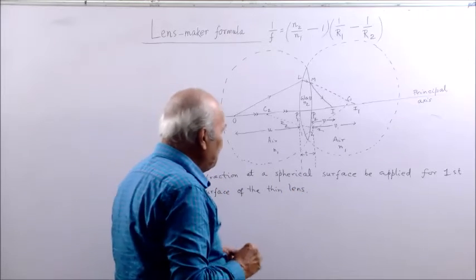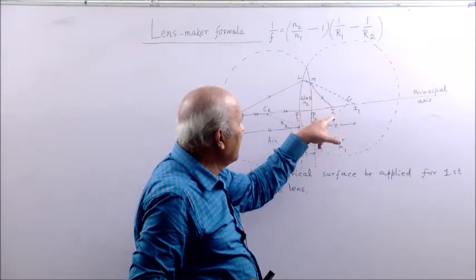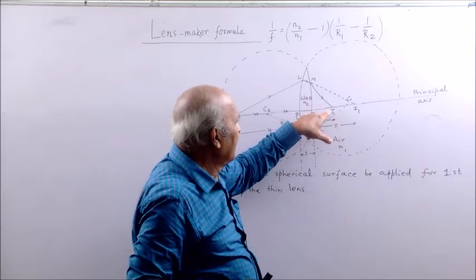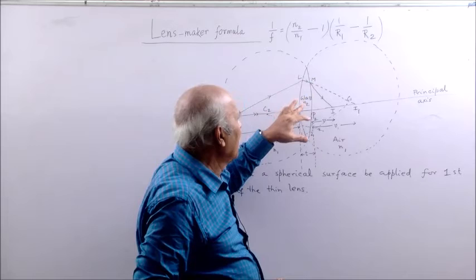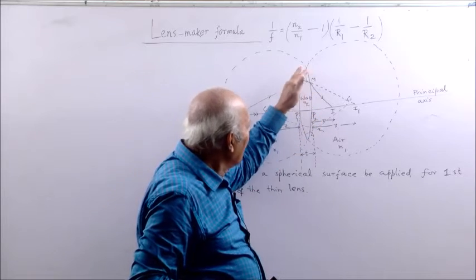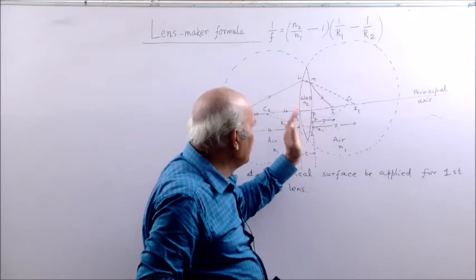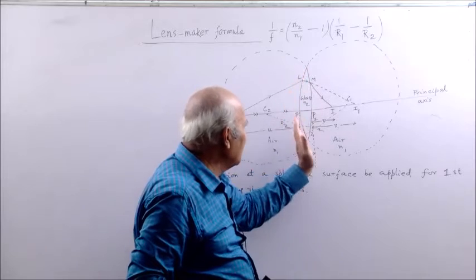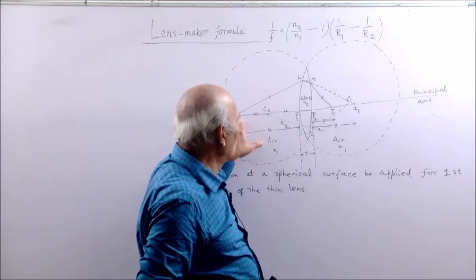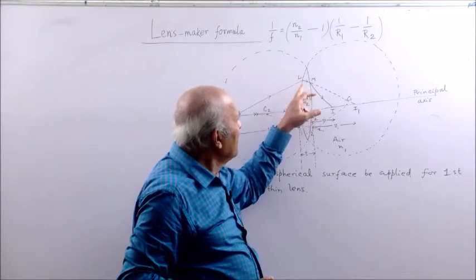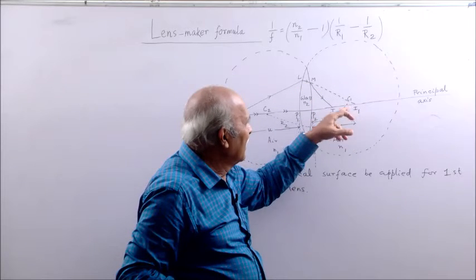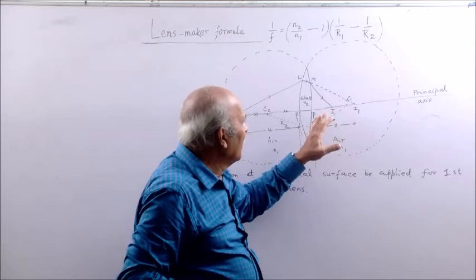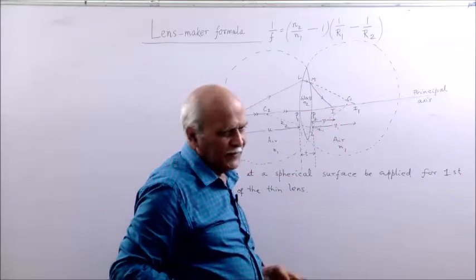You see, actually the final image is I due to refractions at the two surfaces. But how to apply the previous theory for the first surface? For the first surface, the object is O, no problem, but the image is at I1, as if there is no second surface.